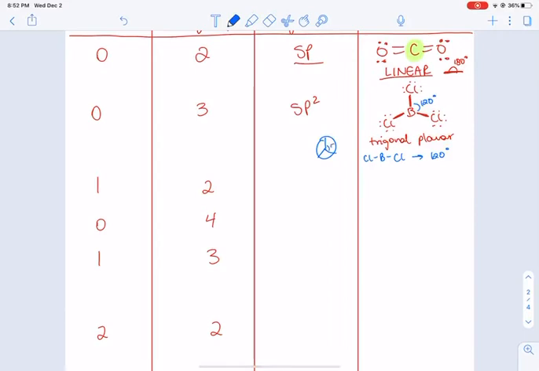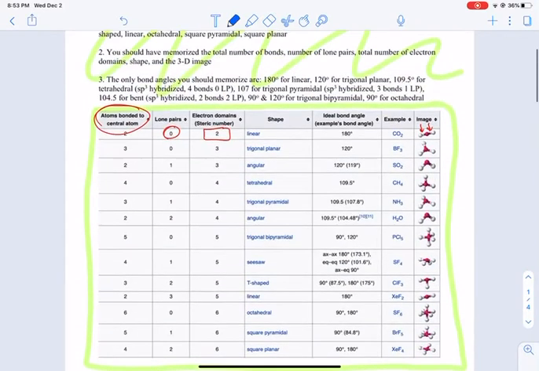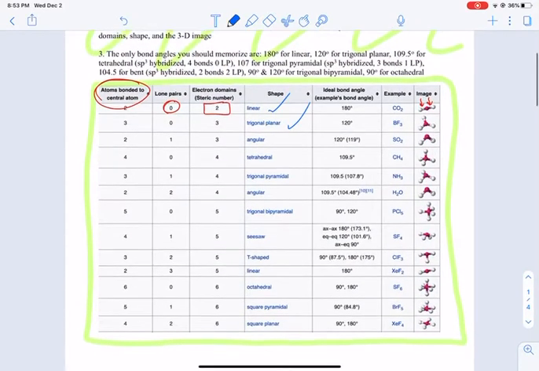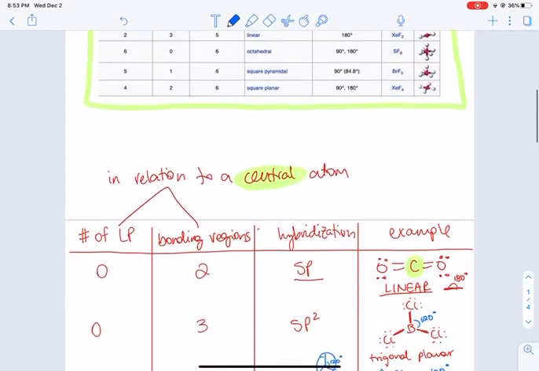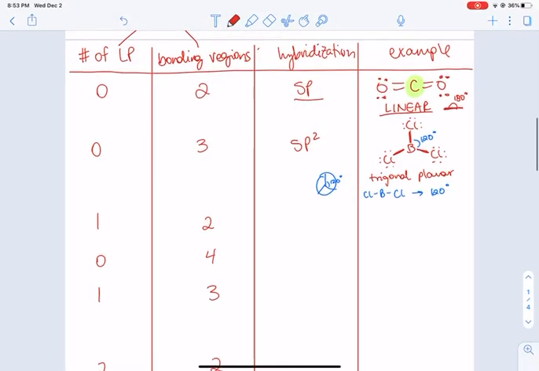Each one of these has got to be 120 degrees because the total angle of a circle on the interior is 360. Okay, so those are pretty straightforward so far. That's the first 2. So we've got linear, trigonal planar, right? We've got 180, 120.